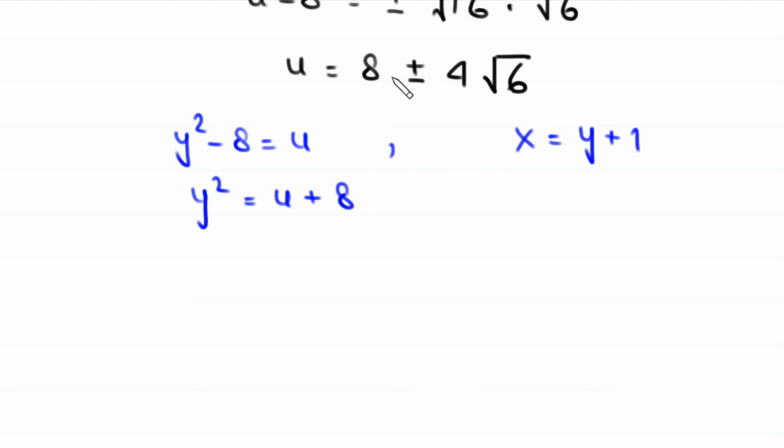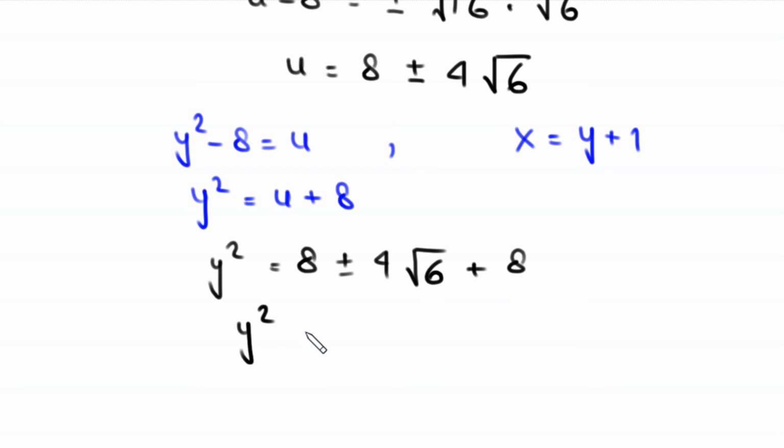Since u is equal to 8 plus minus 4 times root 6, y squared will be equal to 8 plus minus 4 times root 6 plus 8. And this will become y squared equal to 16 plus minus 4 times root 6.